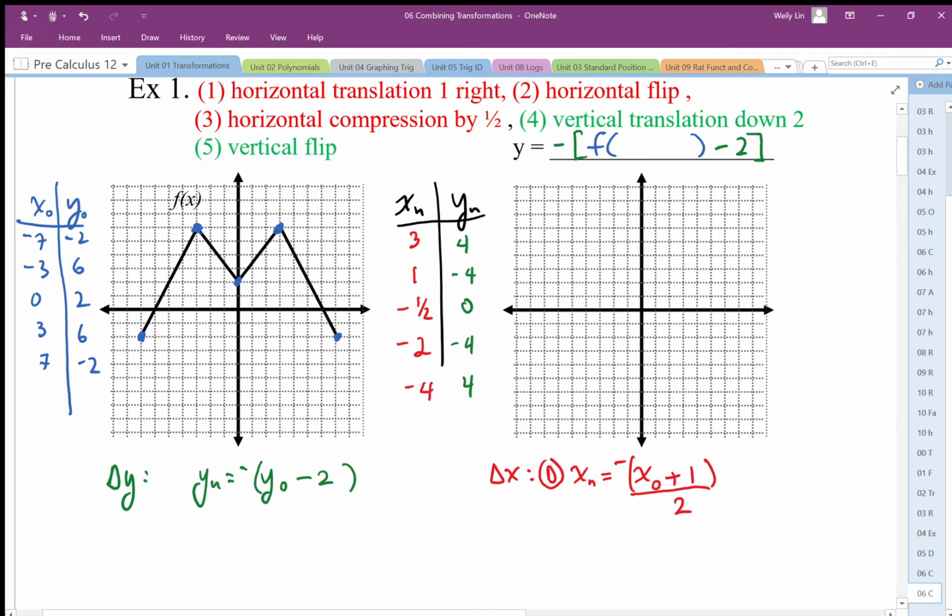So those are all my x transformations, and I used exactly what was written here. I expressed it algebraically. I used this equation to calculate new coordinates.